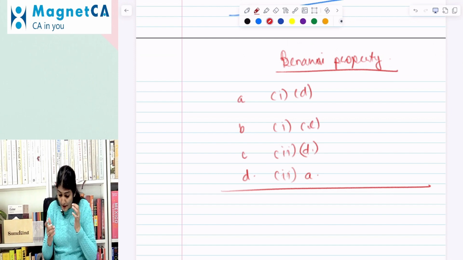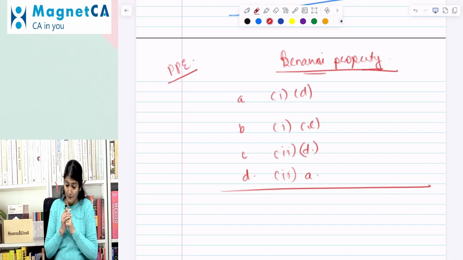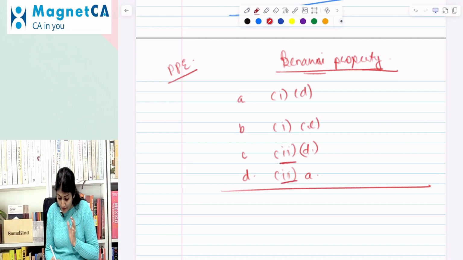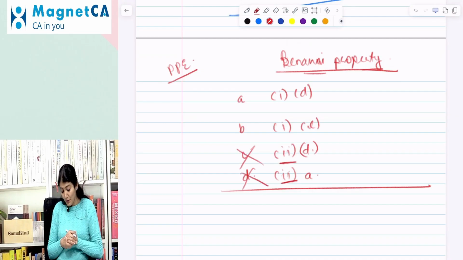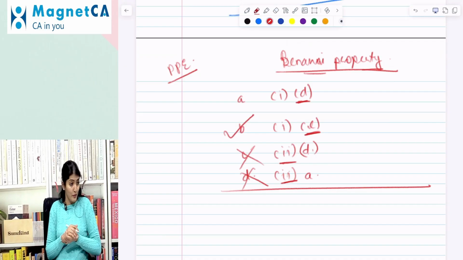So first thing, Benami property means it's related to property, plant, equipment. Clause 2 is inventory and working capital. So these two are out. Now D is regarding the revaluation. E is regarding the Benami property. So again, what is the correct option over here? B is the correct option.